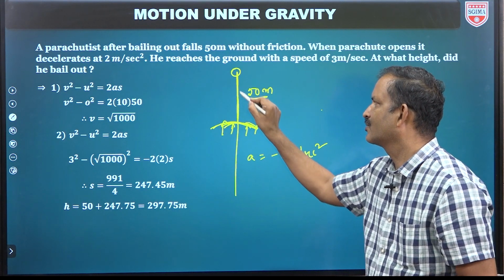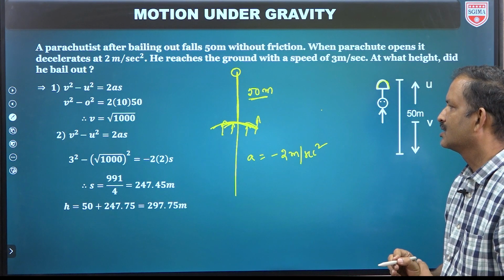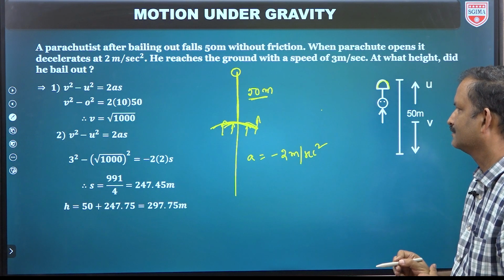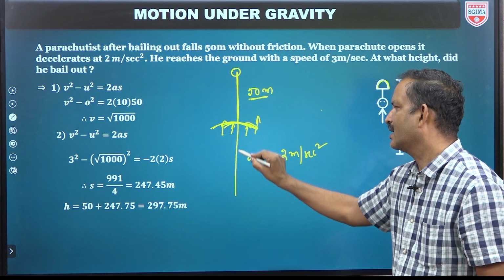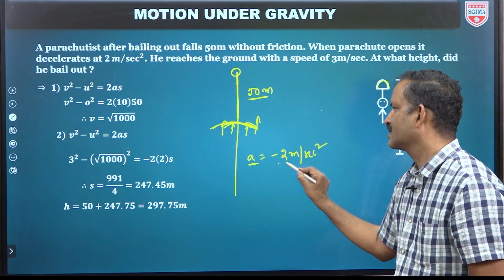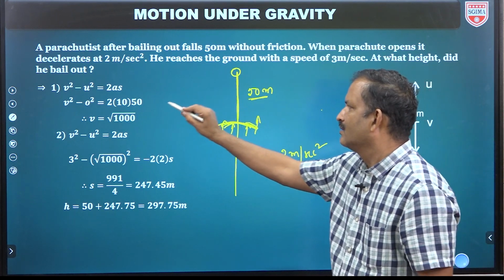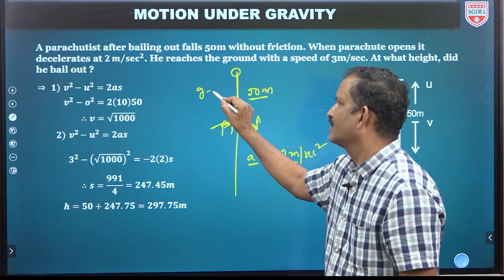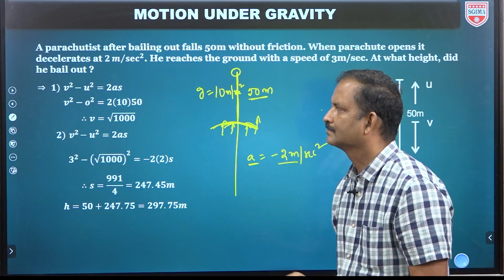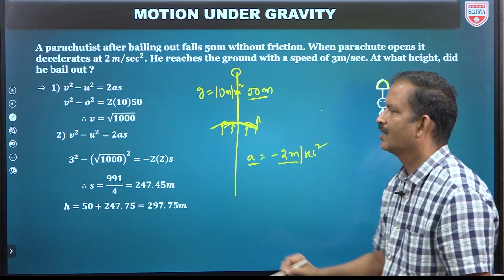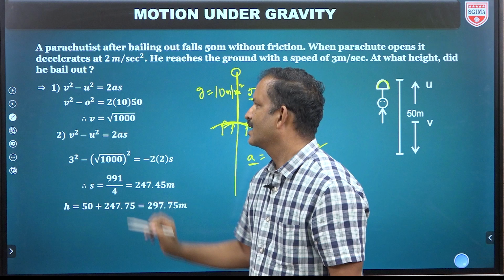Up to here, acceleration g is equal to 10 meters per second square. It is freely falling. After that, he has retardation. So up to that, we write g is equal to 10 meters per second square. I am applying the formula v square minus u square is equal to 2as.